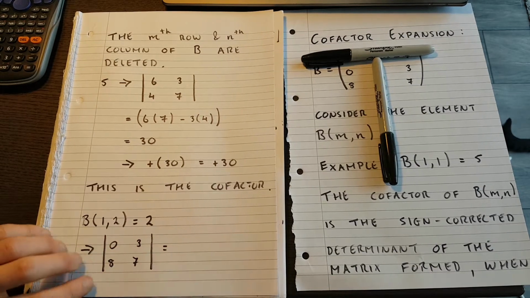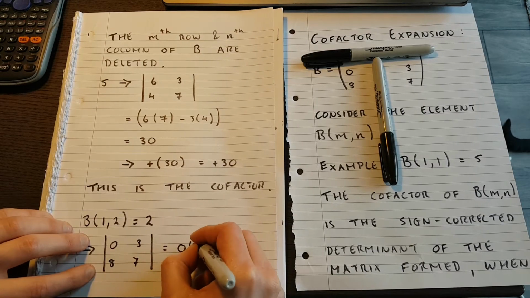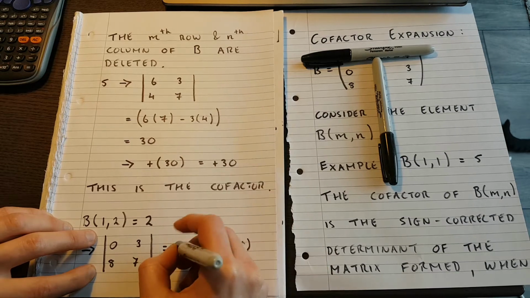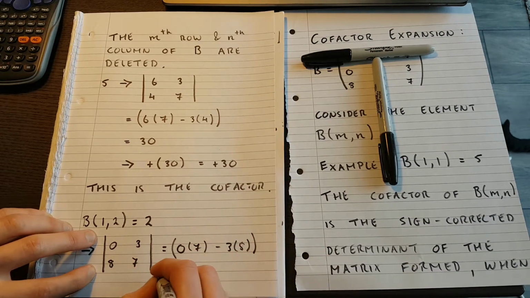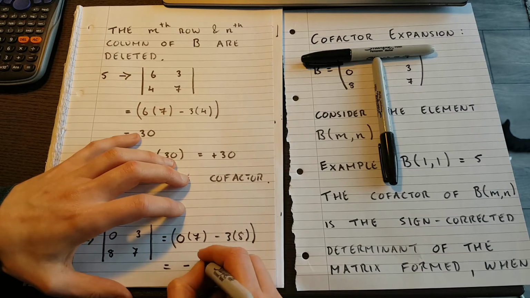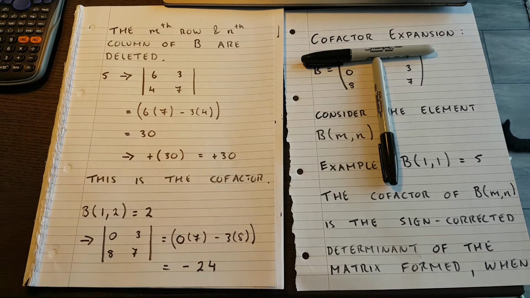Which is what? That's 0 times 7 minus 3 times 8, which is minus 24.